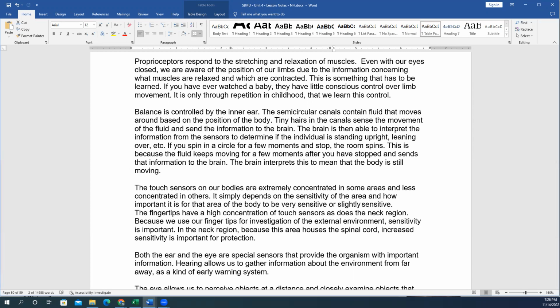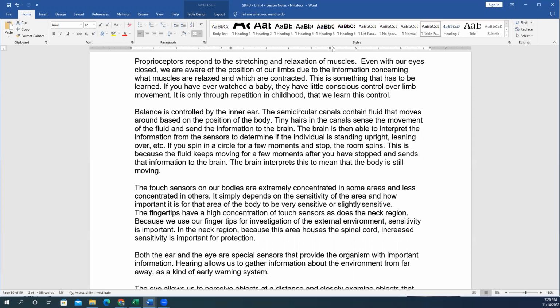So both our ears and our eyes are very special sensors that provide information to us, to our organism, and hearing allows us to gather information about the environment from a distance, from far away, as kind of an early warning system.